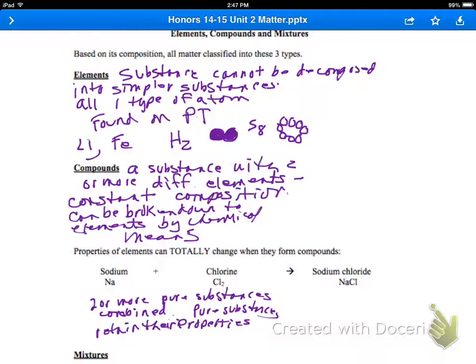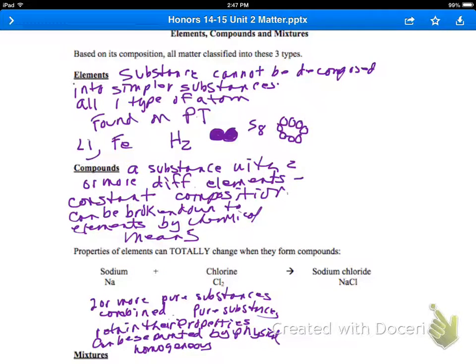Okay, so that's the nature of mixtures. The mixtures can be separated by physical means. I don't change the composition of the salt compound or the water when I separate them. I still have those compounds.